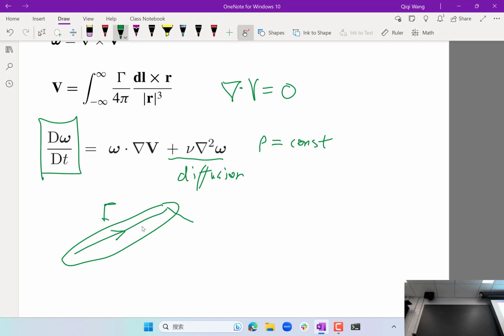The only location that can possibly have non-zero vorticity is on that sheet that intersects with the wing. And that sheet of potential non-zero vorticity would go down initially because of the induced flow field.